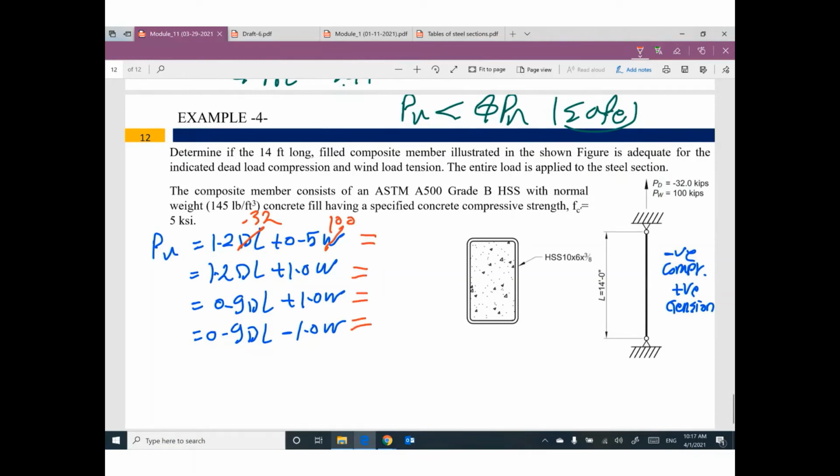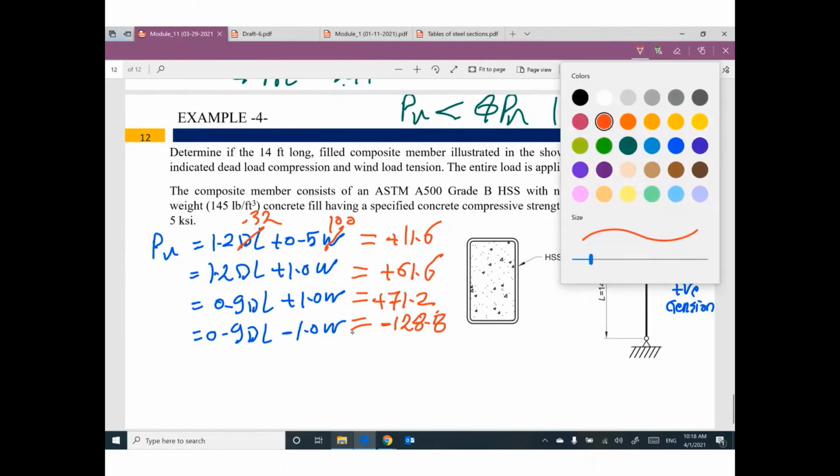What are the values? 1.2 times negative 32 plus 0.5 times 100, we will have positive 11.6. 1.2 times negative 32 plus 100, positive 61.6. 0.9 times negative 32 plus 100, positive 71.2. 0.9 times negative 32 minus 100, negative 128.8. So right now we have two scenarios.